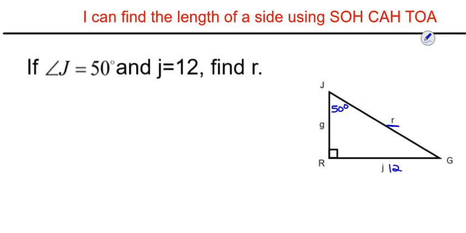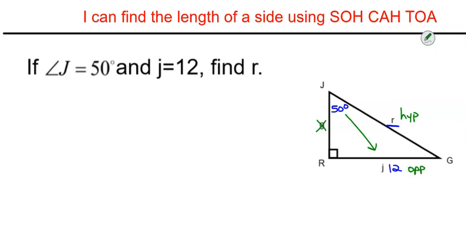Okay? So what I always do is I just ignore the side, the leg, or the hypotenuse that we don't care about. In this case, we don't care about the G. We don't have G, and we're not asked to find G. It really doesn't matter. So we're just going to ignore that, and then label the other two sides. So R is across from the right angle, so it's the hypotenuse. And then the J, the 12, is across from the angle that we were given, so that's going to be our opposite side.